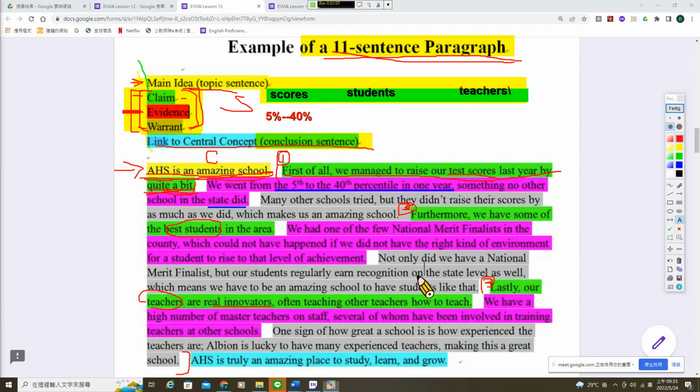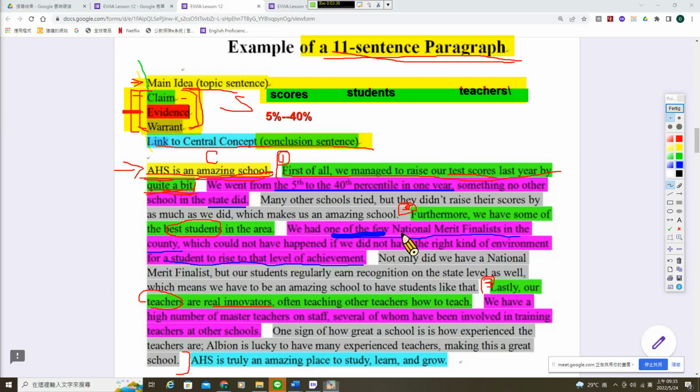And evidence number 2, you can see, is about students. We have some of the best students, right? So you can see some of the best students here. Let's see, what are the students we talk about? So we had one of the few national merit finalists in the county, which could not have happened if we did not have the right kind of environment for students to rise to that level of achievement.